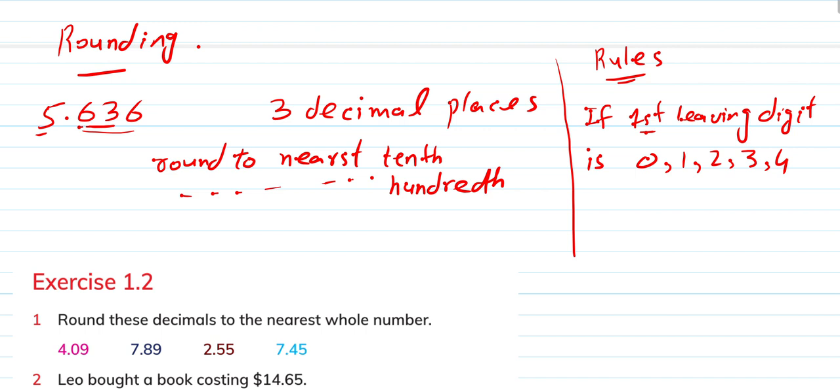Okay? For example, if you want to keep till this one, you have to leave these. This will be the first leaving. If you have to keep till this and you have to leave this, then this is the first leaving. So the first leaving depends on what you are rounding to. So if the leaving digit is 0, 1, 2, 3, 4, there will be no change.